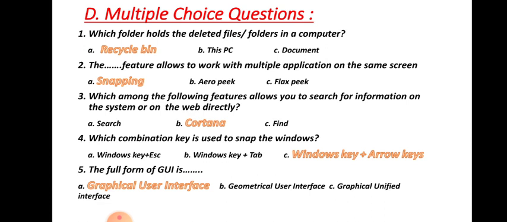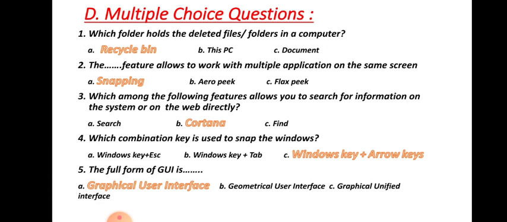Which combination keys is used to snap the windows? First option, Windows key plus escape. Second option is Windows key plus tab, and the third option is Windows key plus arrow keys, and the correct answer is Windows key plus arrow keys. Window key plus arrow keys are used to snap the windows.